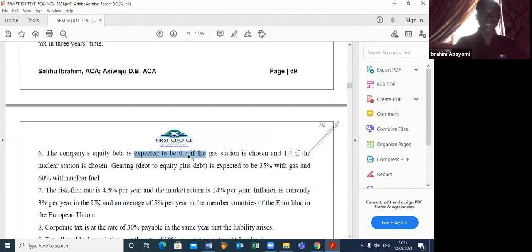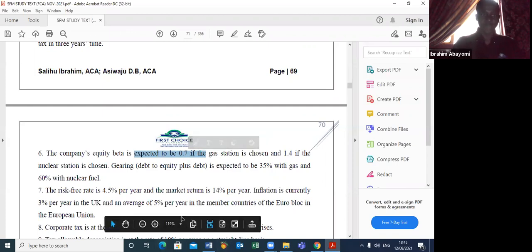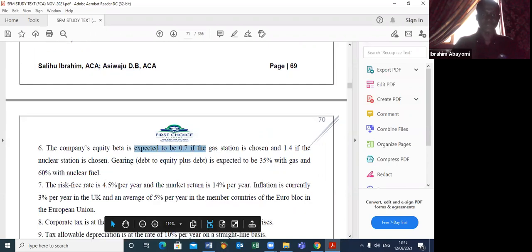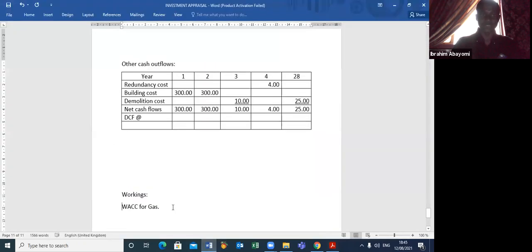So we are dealing with gas. This is the equity beta for gas. Our risk-free rate is 4.5% and our market return is 14%. So I can compute my cost of equity.